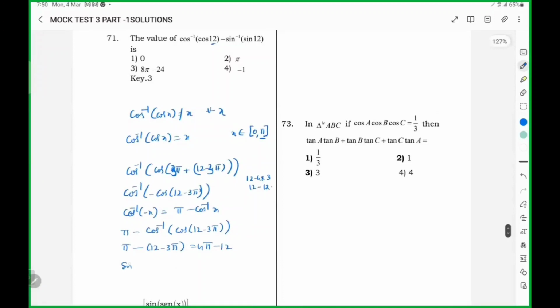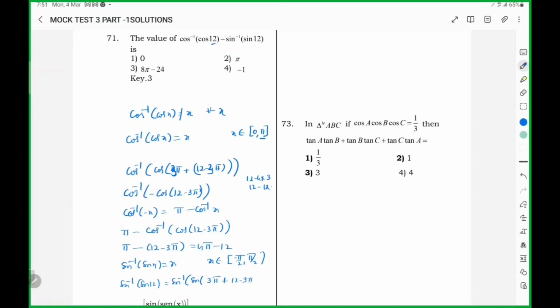Similarly, sine inverse of sine x is x once x lies between minus pi by 2 to pi by 2. So sine inverse of sine 12 I can write as sine of 3 pi plus 12 minus 3 pi.